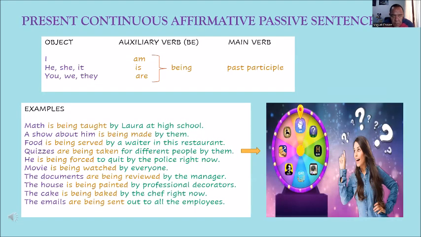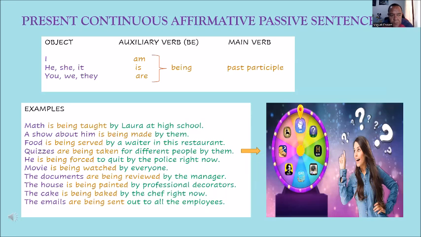Passive voice is a quality of a verb that describes when the subject of a sentence is acted upon by the verb. We use it when the focus is on the action or the object of a sentence rather than the subject. To form present continuous affirmative passive sentences, we follow these steps.